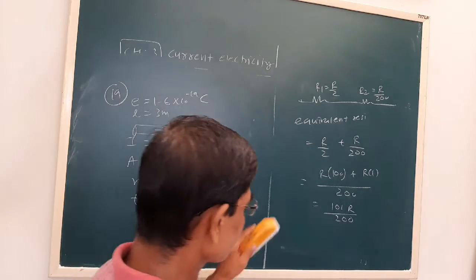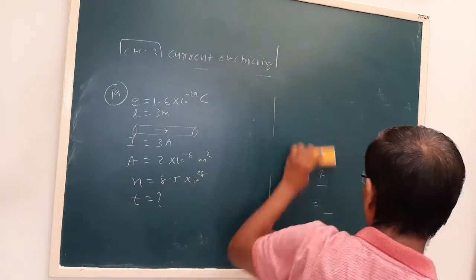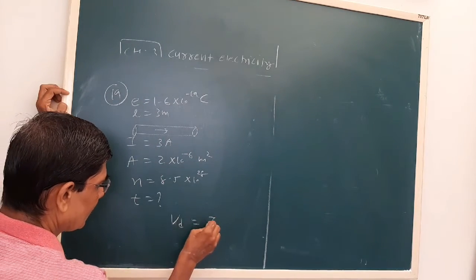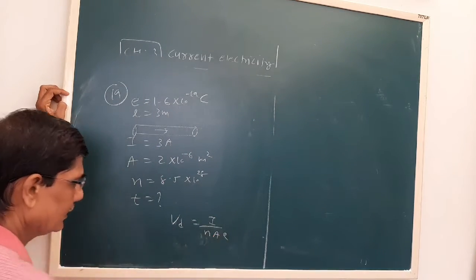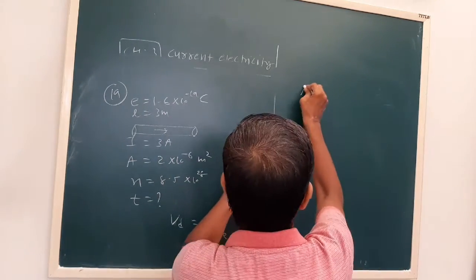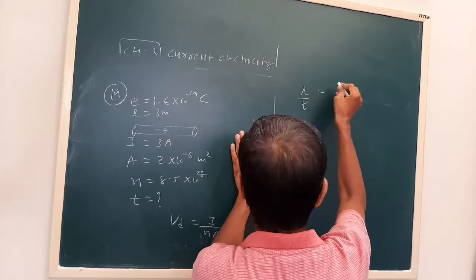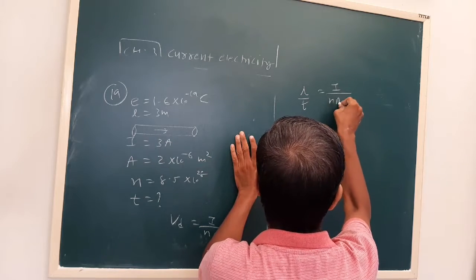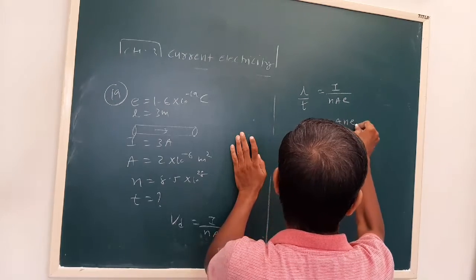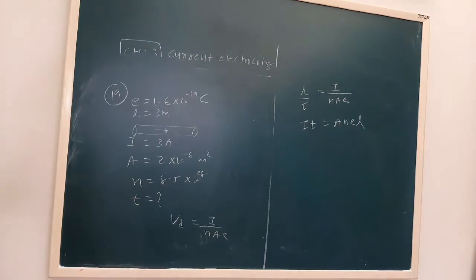Now see, what is the formula for the drift velocity? Vd is equal to I upon NAE. Now velocity is length upon time. So I t is equal to ANEL.